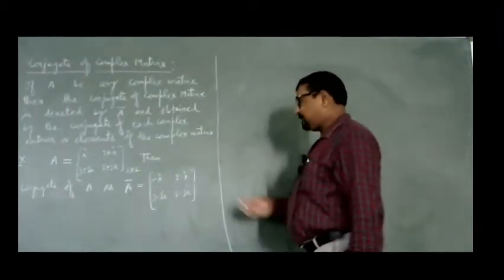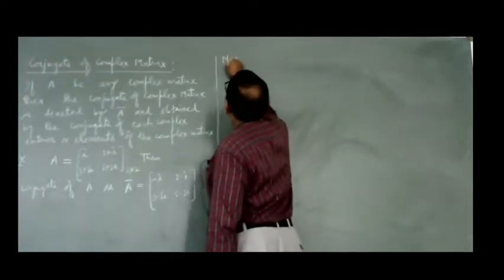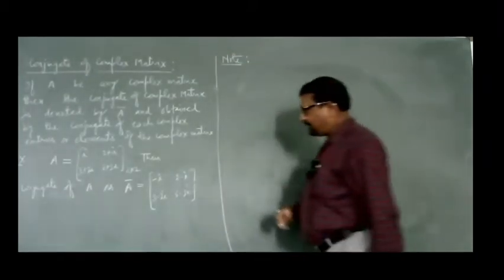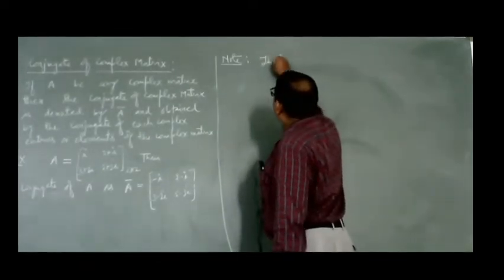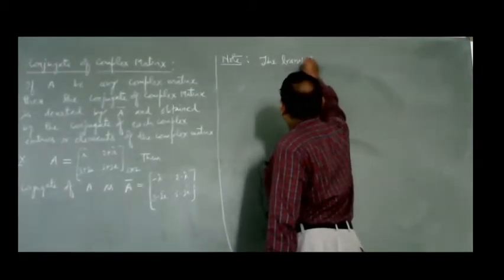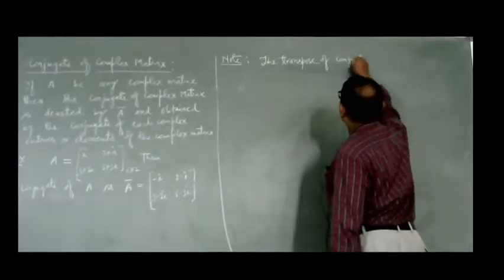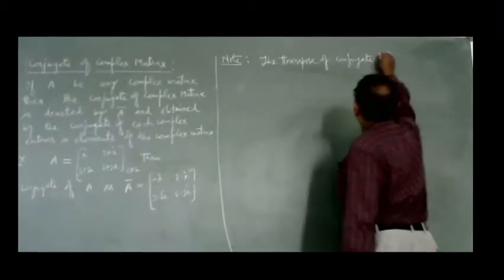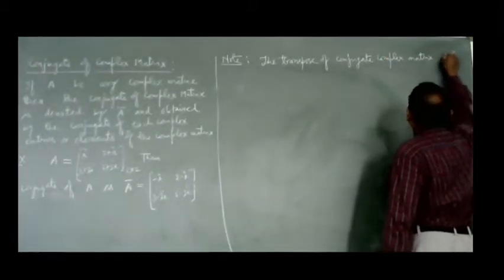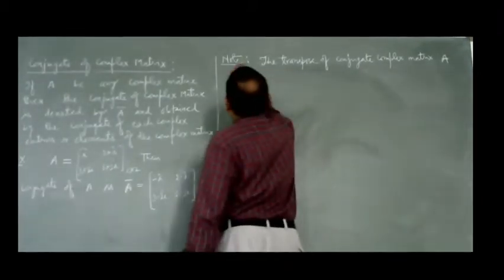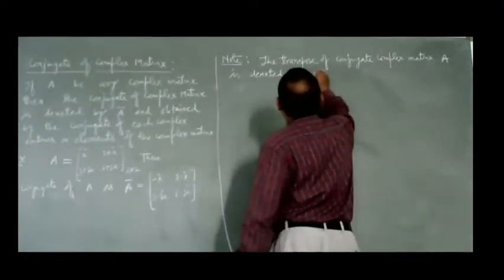After this, you can take some more examples. After this, we find there is a note that transpose of conjugate complex matrix A is denoted by A theta.